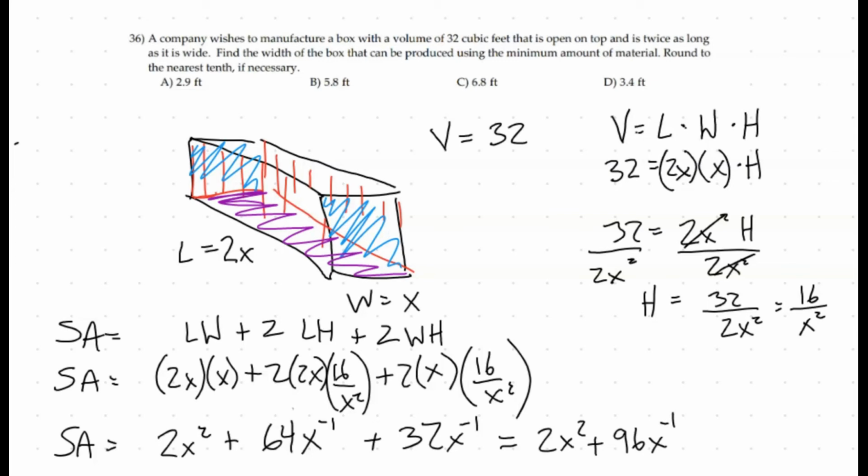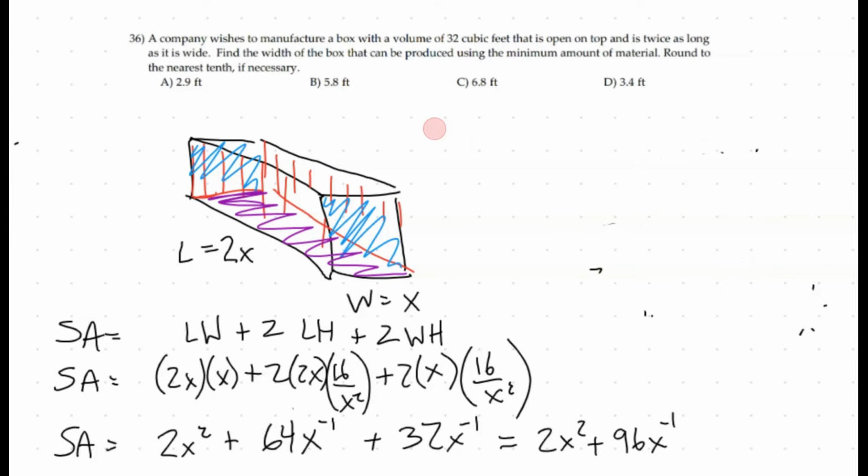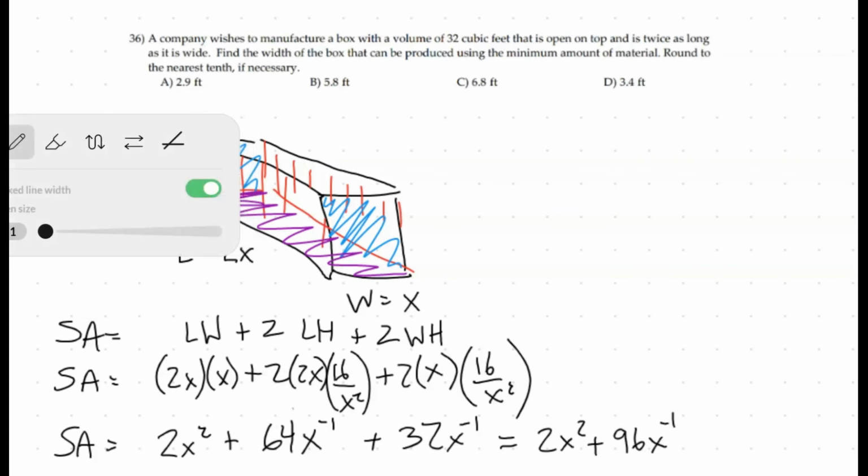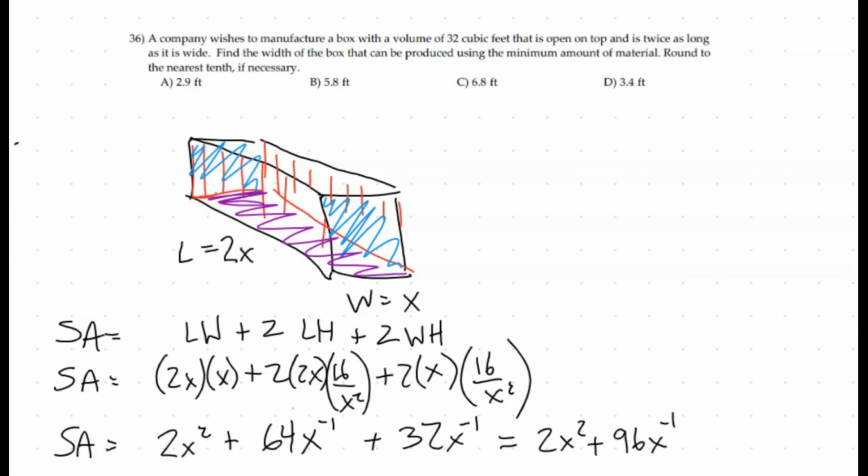And now we can take the derivative. So when we optimize this, I'm going to clear out a little bit of room here. When we optimize for this, we're going to take the derivative, and it will be 4x, right?